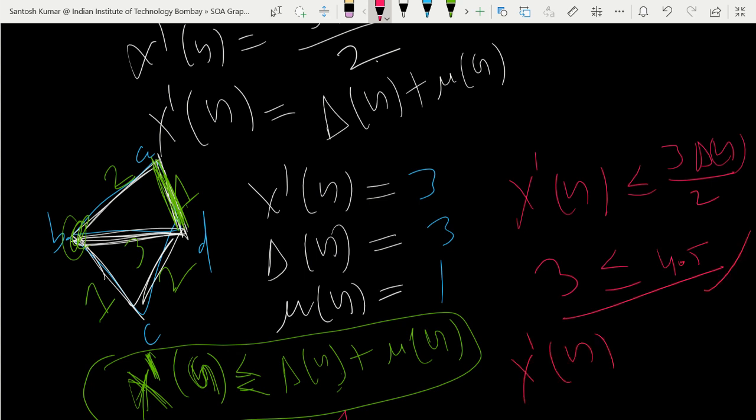And chi dash G is more than or equal to delta G, but not more than or equal to delta G plus 1.